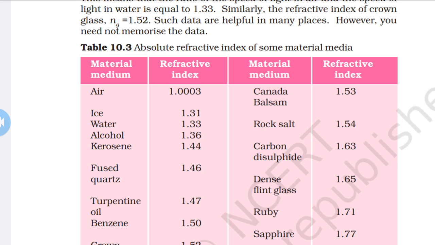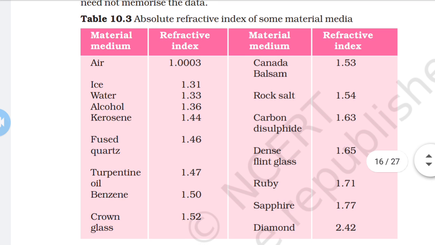So here the absolute refractive indices of some material media will be given. The refractive index of air is 1.0003.